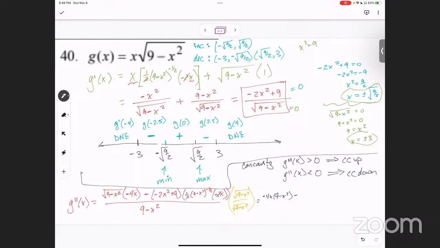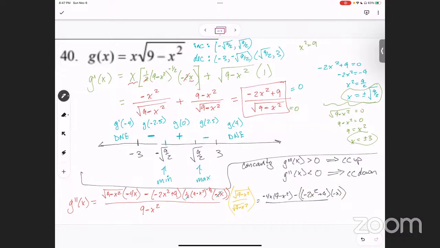So I get minus negative 2x squared plus 9 times negative x. I'm just looking at it, making sure I did it right. The 2's already canceled, but I have a negative x here and the negative is still out here. So yeah, I did that right.